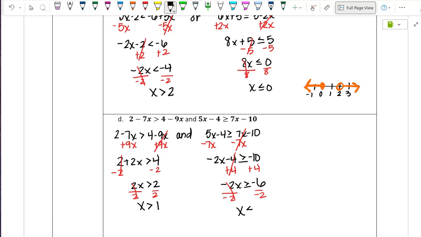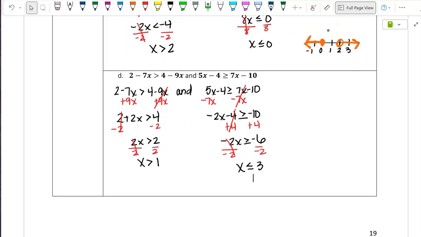And we get x is less than or equal to 3. Again, I divided by a negative, so I have to make sure and reverse the direction of that inequality symbol. And if I've done this correct, they should be overlapping. So I have an open circle at 1, a closed circle at 3, and shading in between.